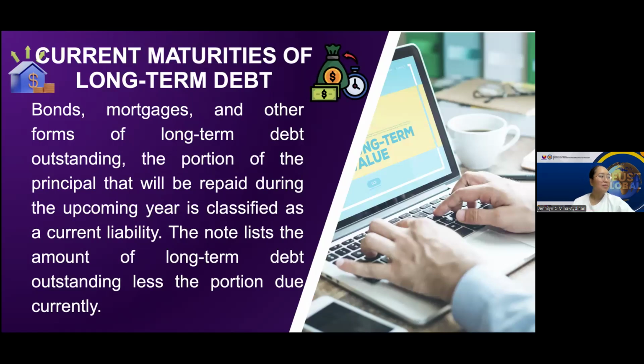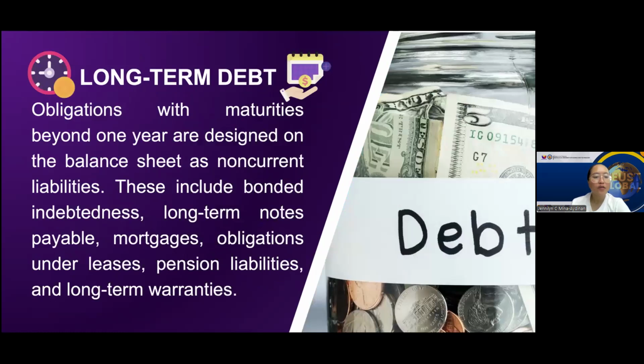So what do we mean by long-term debt? It refers to financial obligations that are due for repayment beyond 1 year. These are classified as non-current liabilities and include items like bonds, long-term loans, mortgages, lease obligations, pension liabilities, and long-term warranty commitments.